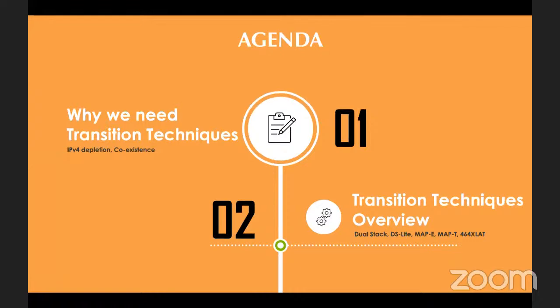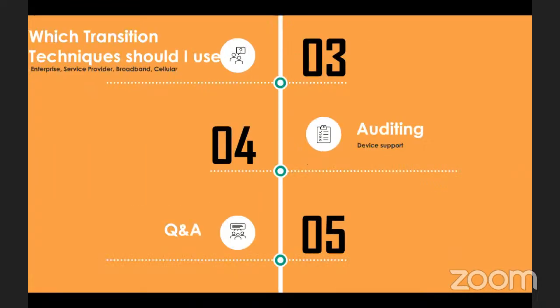Then we'll look at which transition techniques you should use in your network. Of course, there's no one size fits all. There are a lot of factors that will depend on your choice of transition technique, but we're going to give you recommendations which will at least help you in choosing. Finally, we briefly look at auditing, how to do an audit, and end with a Q&A.